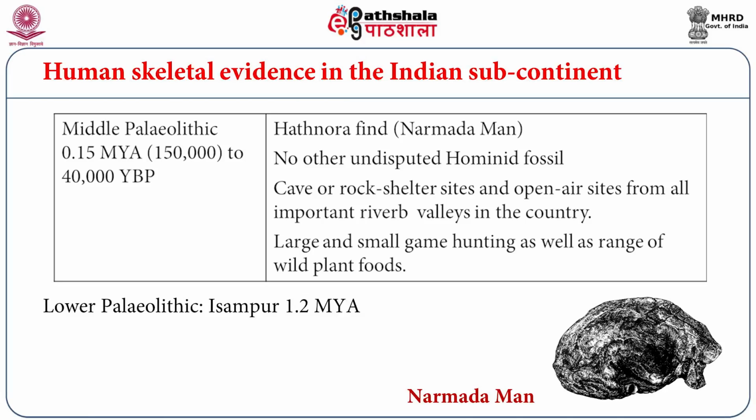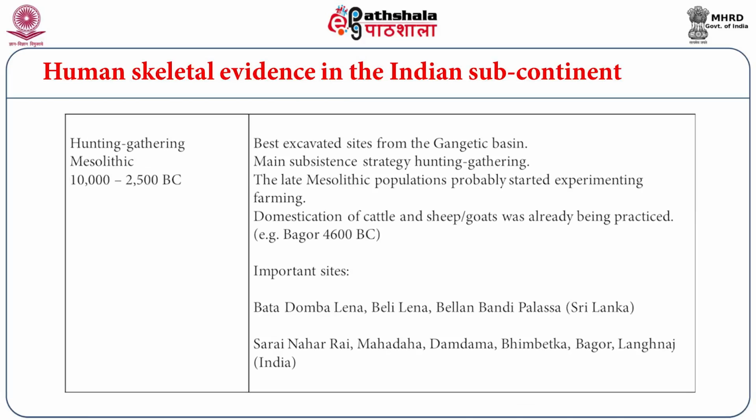Apart from this, no other significant human ancestor findings have been found in India. In addition to that, several human bones have been found in varied contexts in India, but they are not very significant.